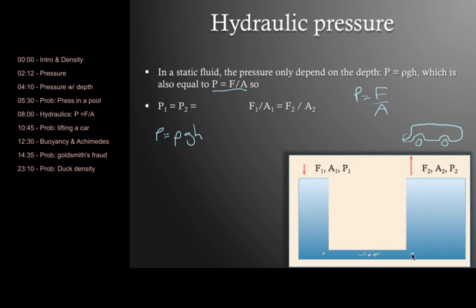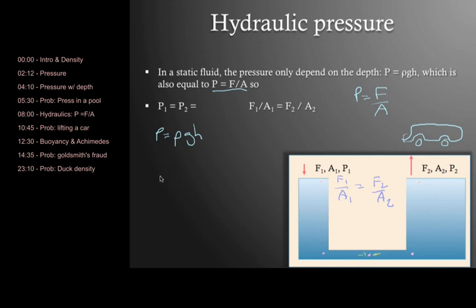So the pressure down here is the same as over here. If the pressure here is equal to the pressure here, then F1 over A1 is equal to F2 over A2, just comparing the two forces that we exert here and here.